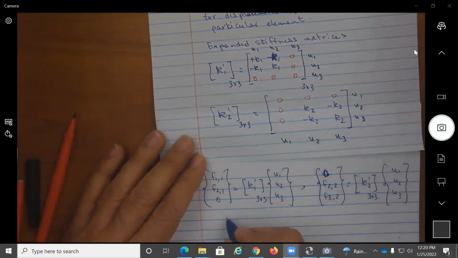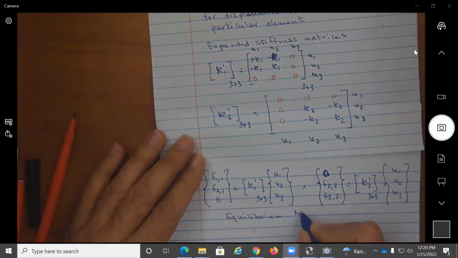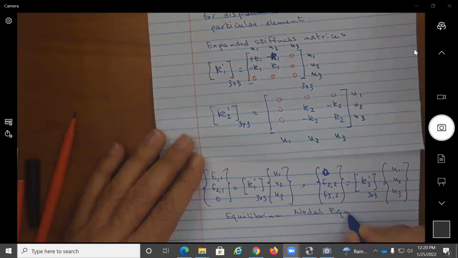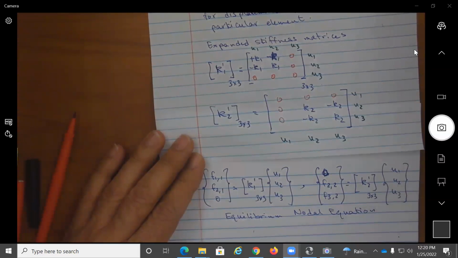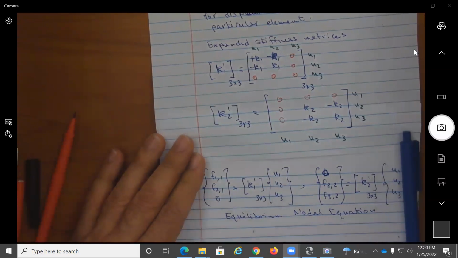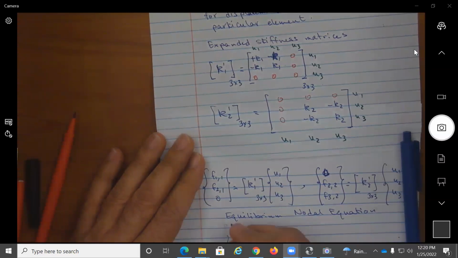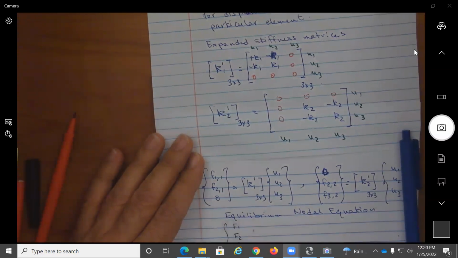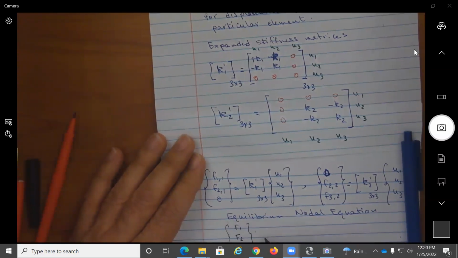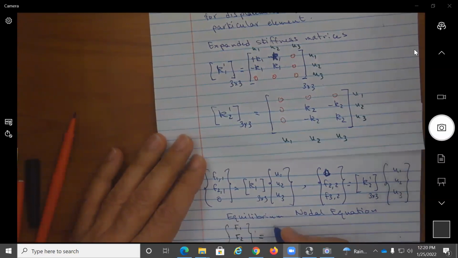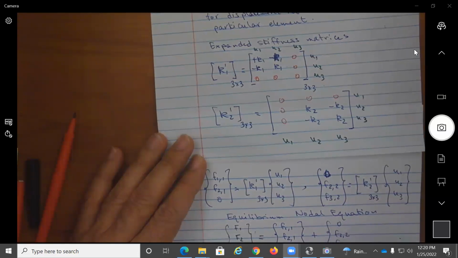Now I can write the equilibrium nodal equations as F1, F2, F3 is equal to F11, F21, and a 0 plus 0, F22, and F32.